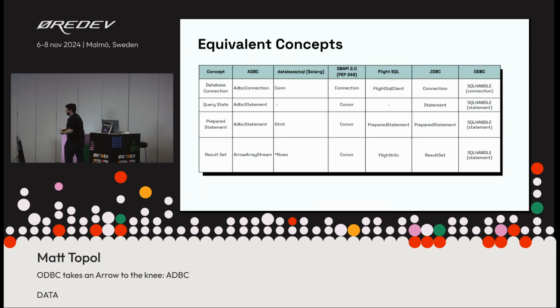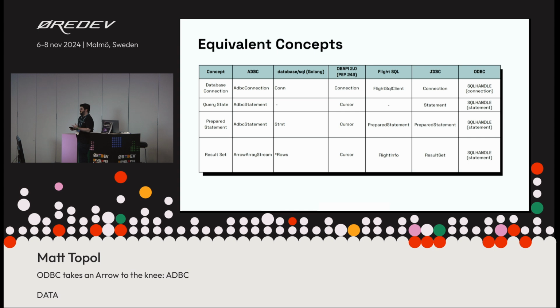Conceptually, everything's kind of similar. Whether you're looking at the connections, the queries, the query state, prepared statements, all those conceptual ideas are all the same. They all work the way you'd expect them with ADBC.